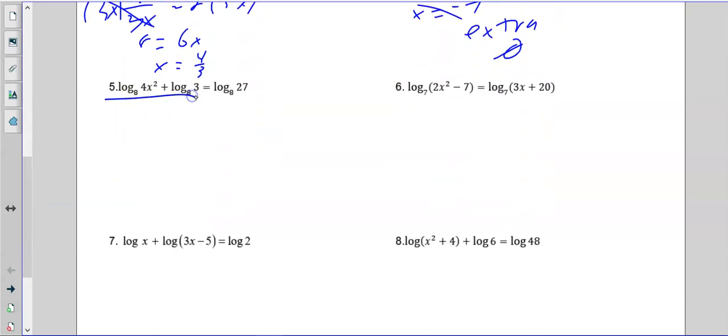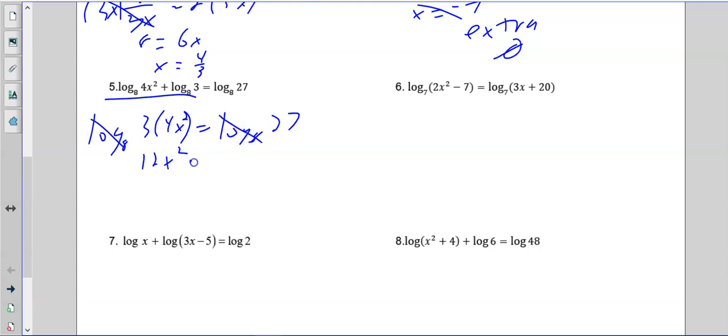Number 5, we're going to condense. We write log 8 one time. We have 4x squared times 3 equals log 8 of 27. At this point, get rid of the log 8s. 12x squared equals 27.